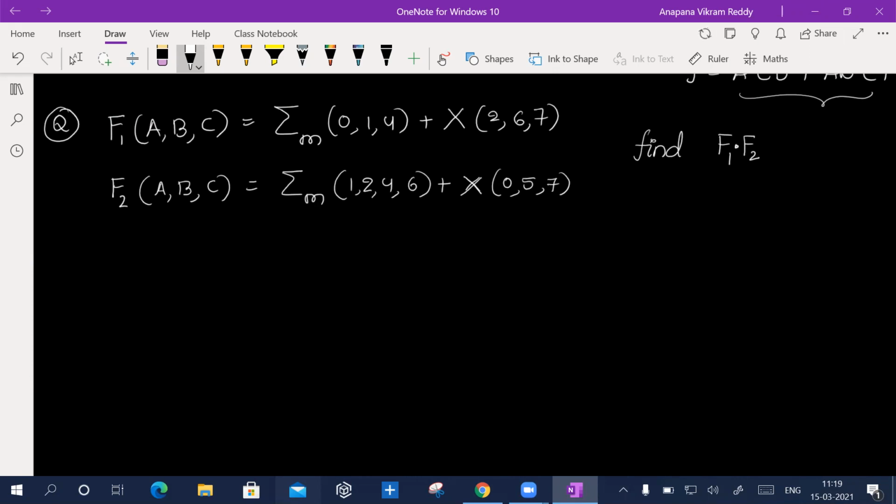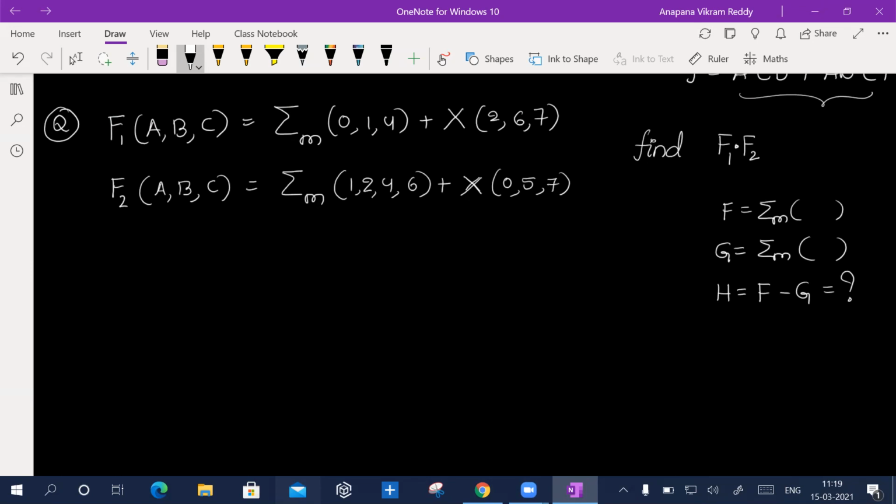There you are given F equal to something and G equal to something, and I asked you H equal to F minus G. So how to find that? That question you can do now with the help of this.